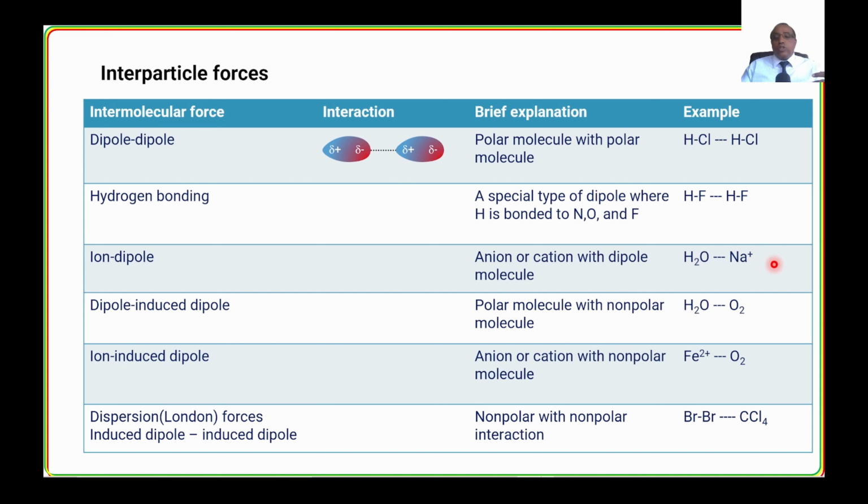Generally the interaction of cations and anions with polar molecules, we call it ion-dipole attraction or interaction. These kinds of interactions are responsible for the dissolution of ionic compounds in polar solvents such as water.